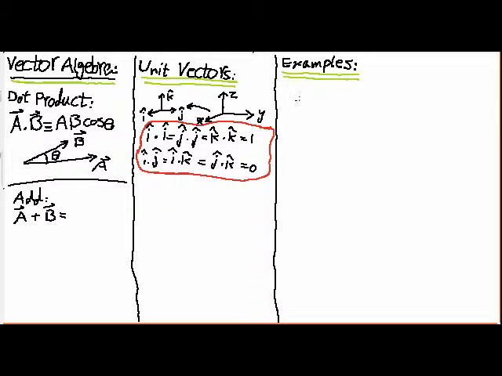Let's say I'm going to add i hat and i hat. So this is i hat. Let's say my x direction is this way and y direction is this way and z direction is toward your face, out of this surface.